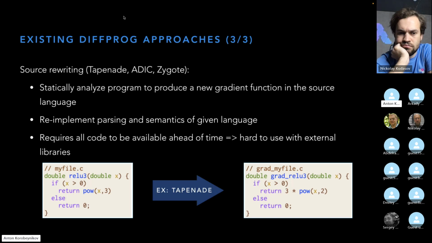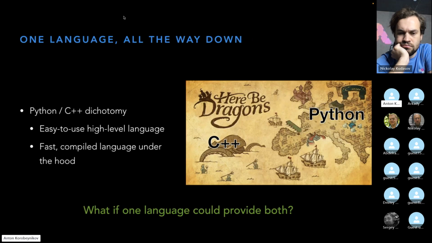But let's step aside from what is already done, and let's talk about what essentially could be done. If we check what's going on in the field of deep learning and artificial intelligence, you can see that there exists the quite usual Python and C++ dichotomy.